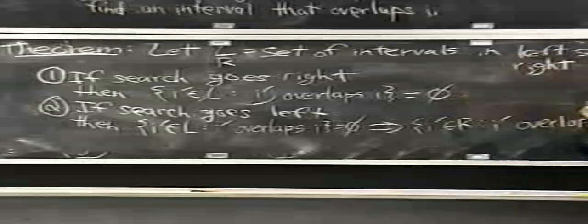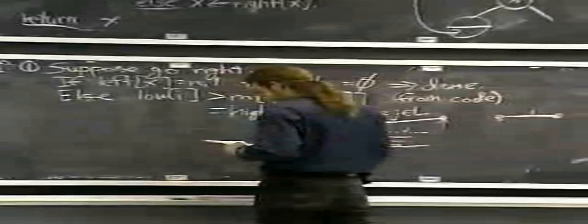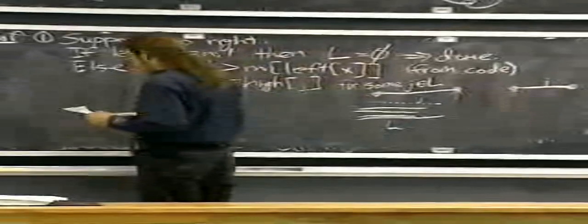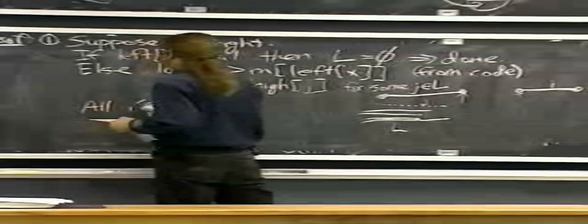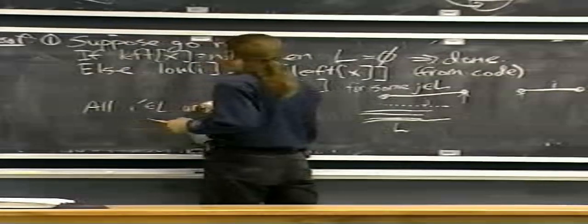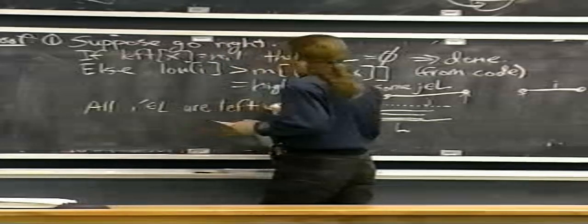We want to prove that all the intervals in the left subtree do not overlap I. This is the empty set. Okay? So we're done. All intervals I prime in L are left of I. And so in particular, they don't overlap.